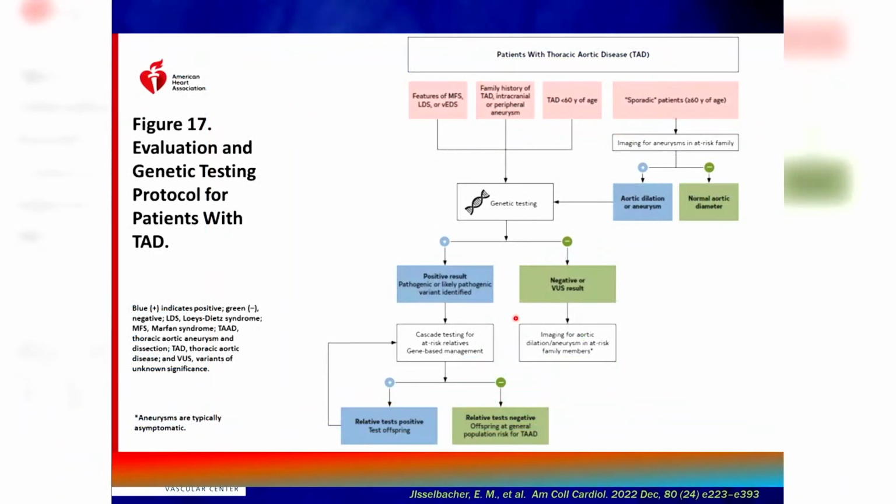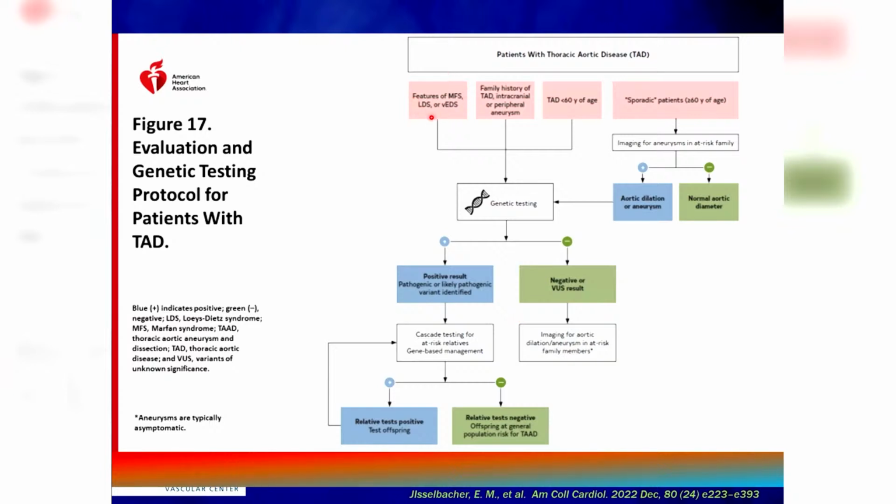One key question in the guidelines is, in patients with thoracic aortic disease, when should we consider genetic testing? Probably 10 to 15% of patients with thoracic aortic disease can have an underlying hereditary gene mutation. Who are these people?